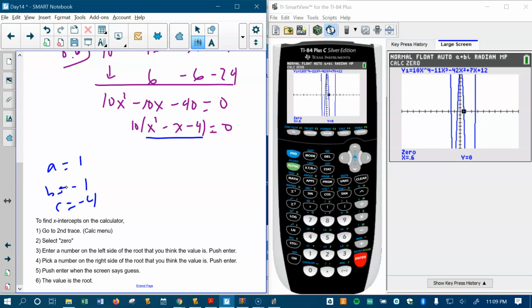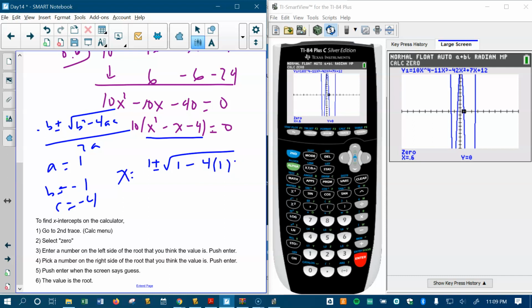Did you pause it? You should pause it. Okay, so here's what x is equal to. x is equal to opposite b plus or minus the square root of b squared minus 4ac, all divided by 2a. So opposite b, plus or minus the square root of b squared, which is 1, minus 4 times a times c, all divided by 2 times 1.